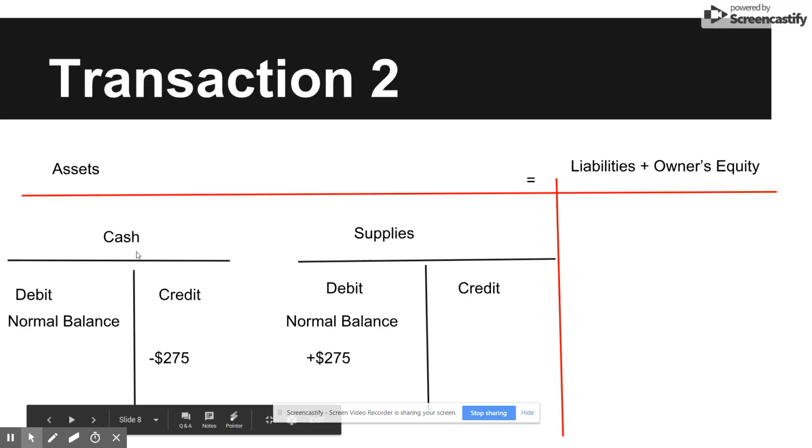Over here on our cash account, because our cash is decreasing, we want to put that on the credit side, not the normal balance side, because the cash is decreasing. So this credit side for an asset is the decreasing side. So it will go on the credit side. For supplies, which is also an asset, our supplies balance is increasing. So we would put that on the normal balance side or the increasing side for supplies. So we would credit cash $275 and we would debit supplies $275.